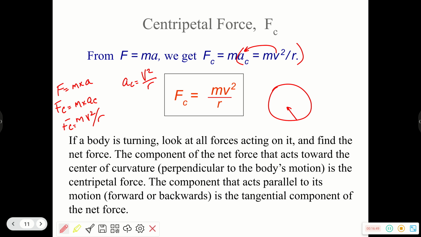It should make a right angle with the motion. The component that acts parallel to its motion, either forwards or backwards, so if this was going this way, this is the tangential component of net force. This is FT, and this is FC.